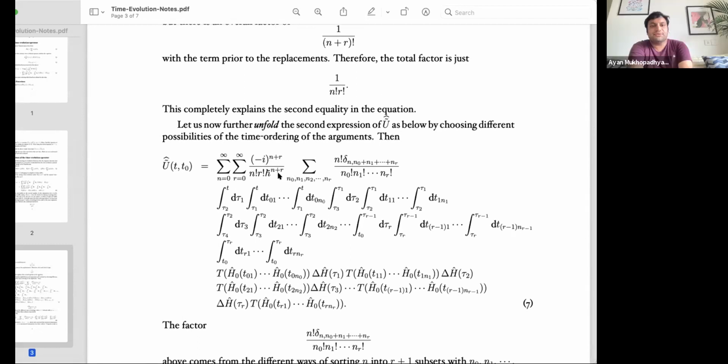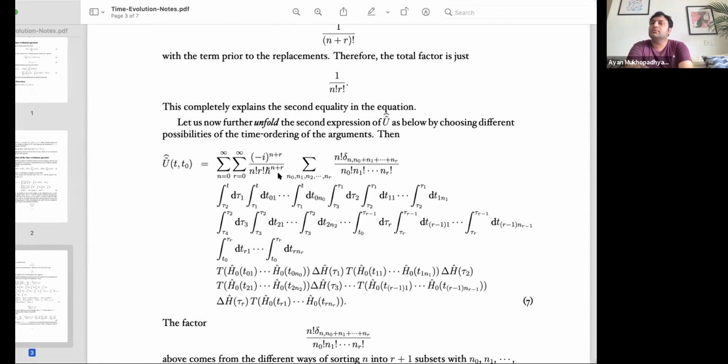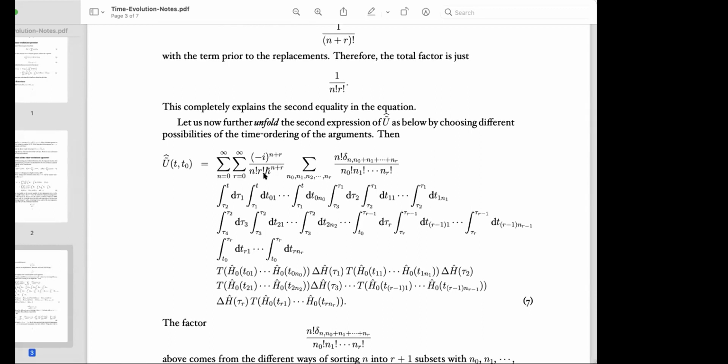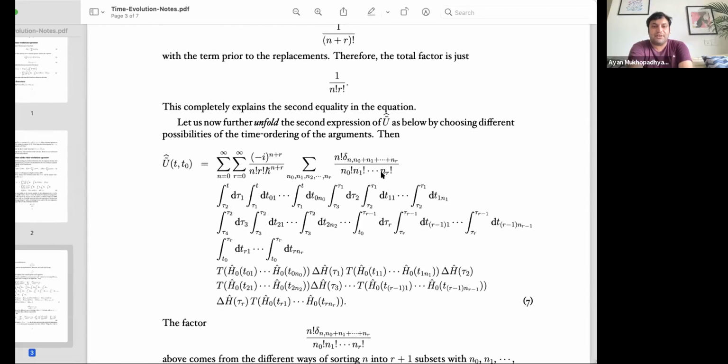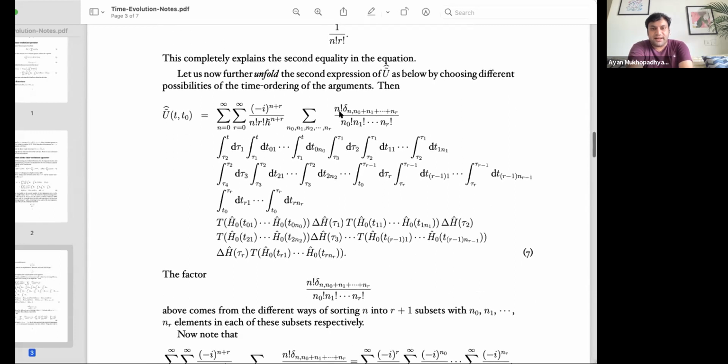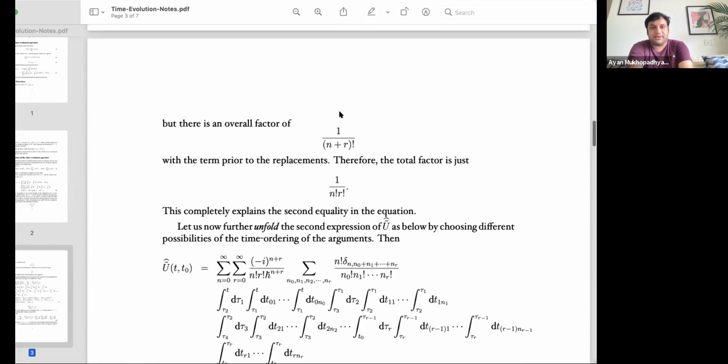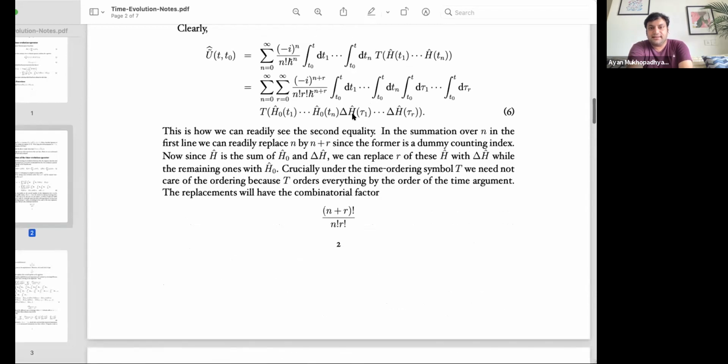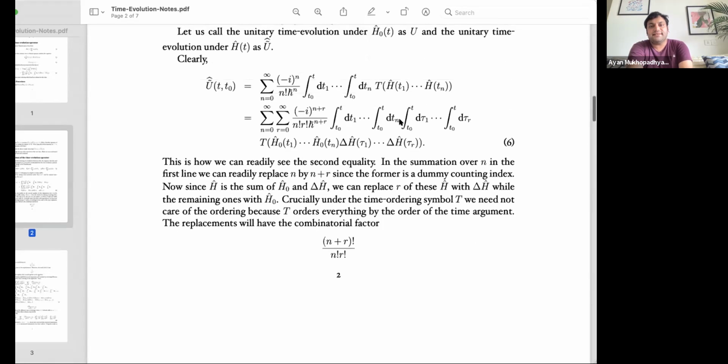Okay, so let us go through this again. What is going to happen is, out of this n, I'm choosing n0, so again, I'm now dividing n into r plus 1 factors, because there are these delta H's that appear, right? Now, what is this delta H?